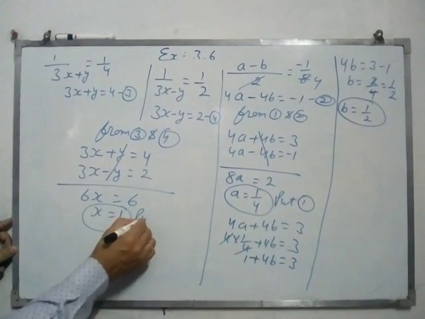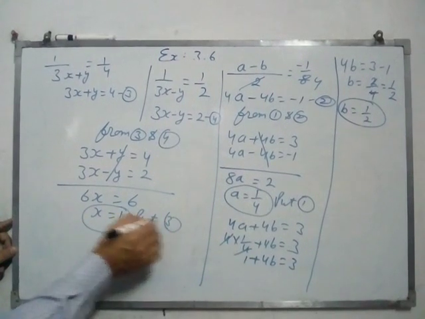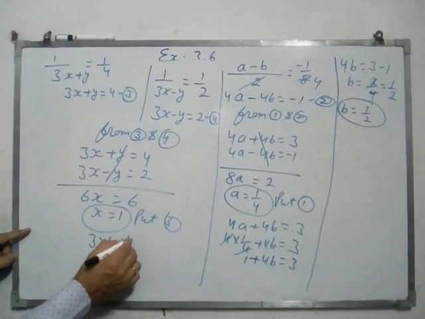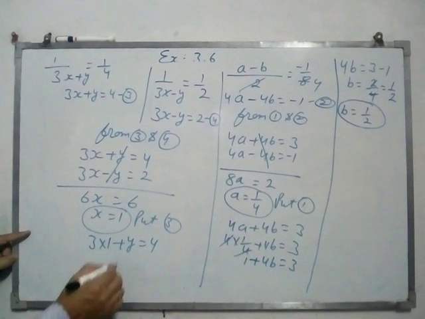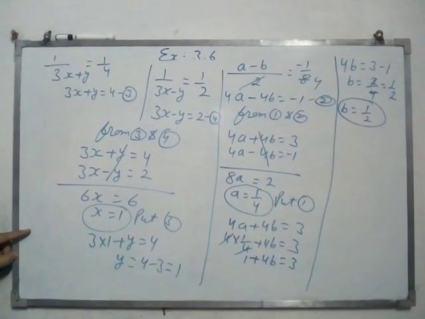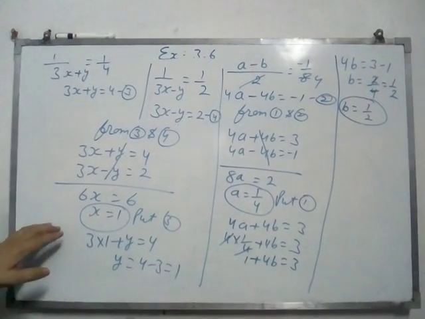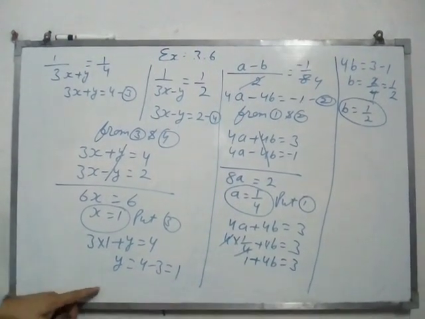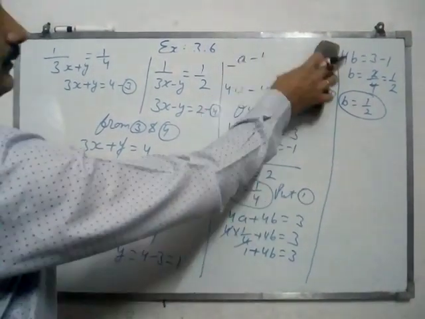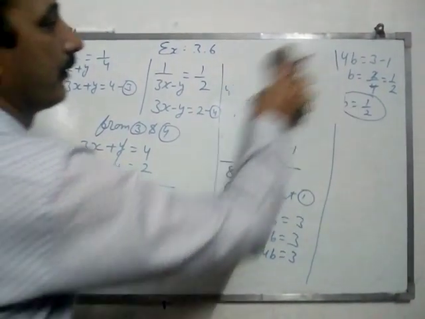Put it in equation number 3: 3 into 1 plus y equal to 4. So y equal to 4 minus 3, that is equal to 1. Right? So in such a way we find the value of x and y.